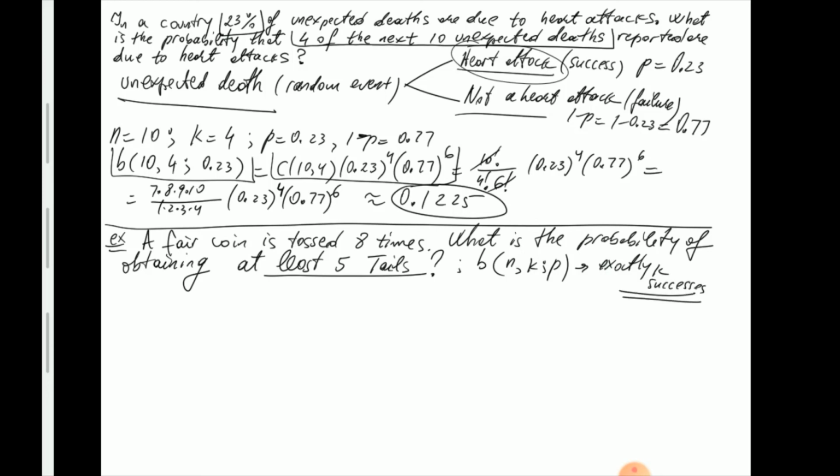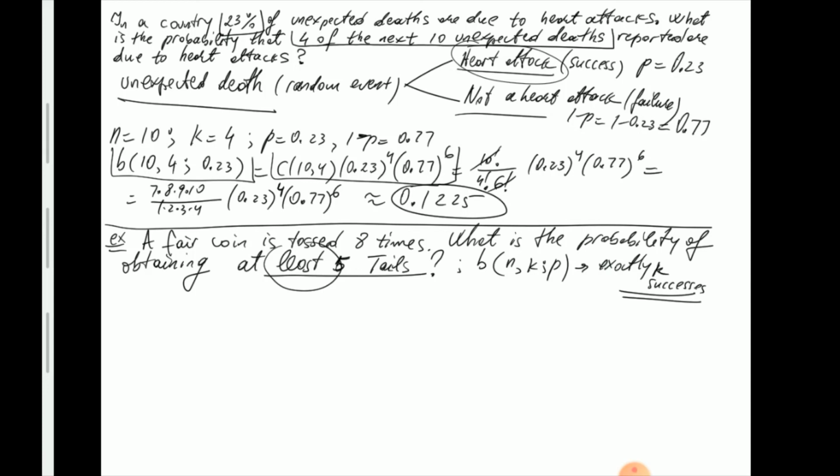Not at least, not no more, so that's a different question. It can be answered with Bernoulli trials, but the question is, I want to obtain at least 5 tails, and the formula gives me the probability of exactly k successes.